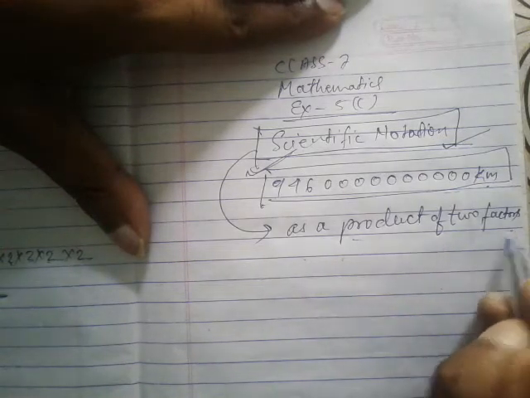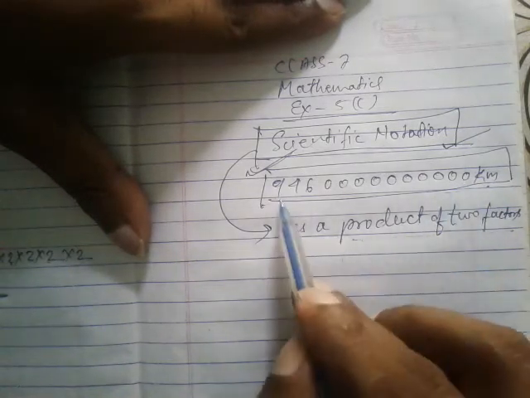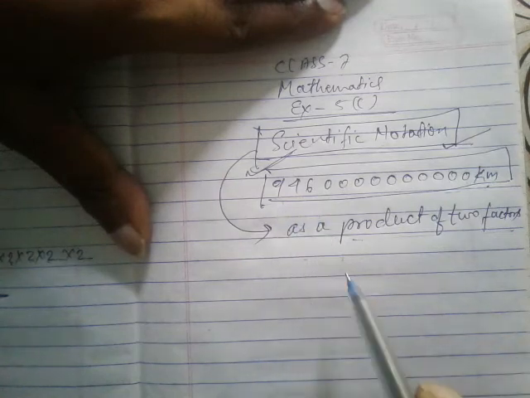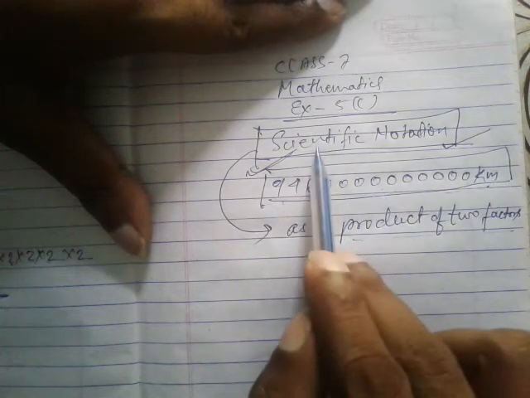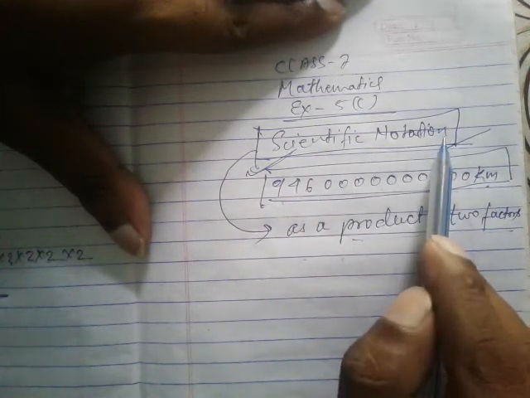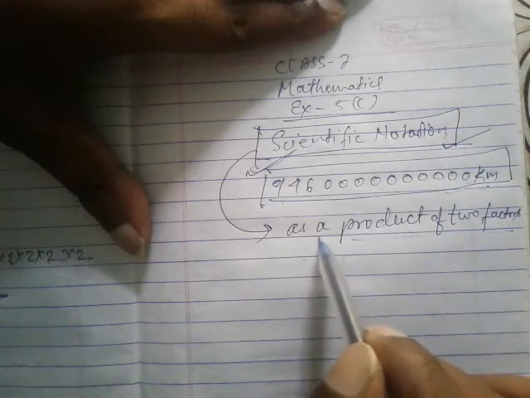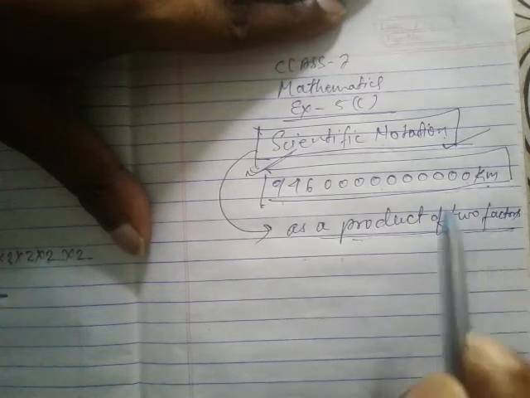Product of two factors means, suppose that this is the large number and we have to represent it in scientific notation, which is a product of two factors.